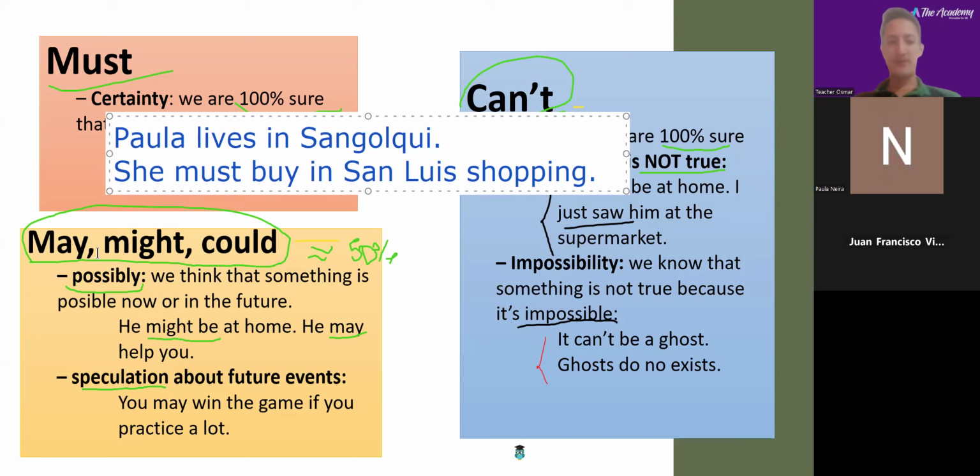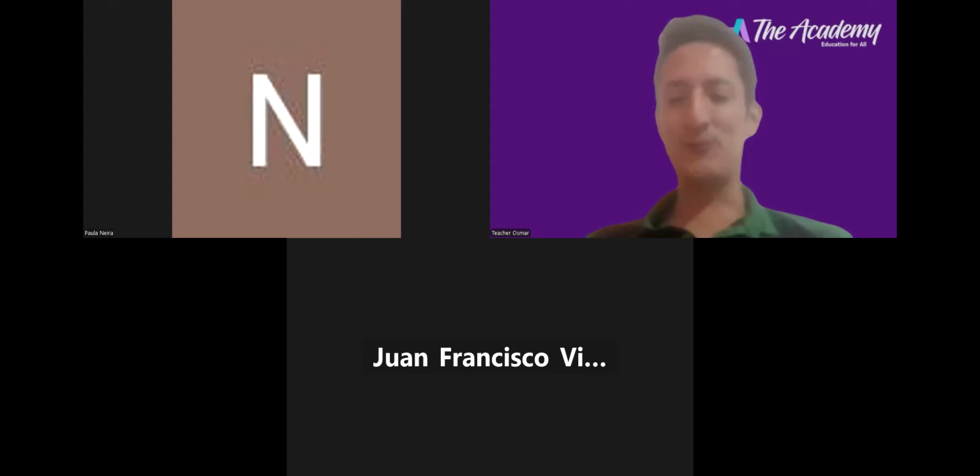Okay, my dear students, let's get ready. And here you go. What are we going to do now? Talking about deductions. We are going to do a visual activity, a visual exercise. What is this about?